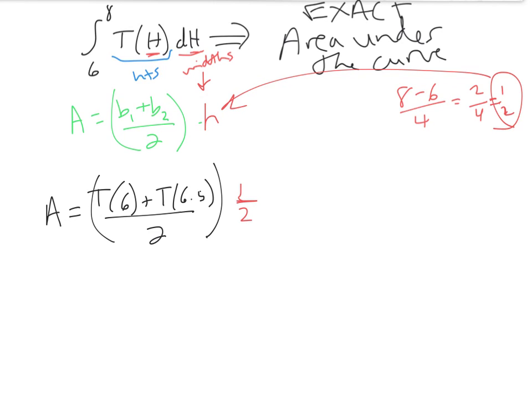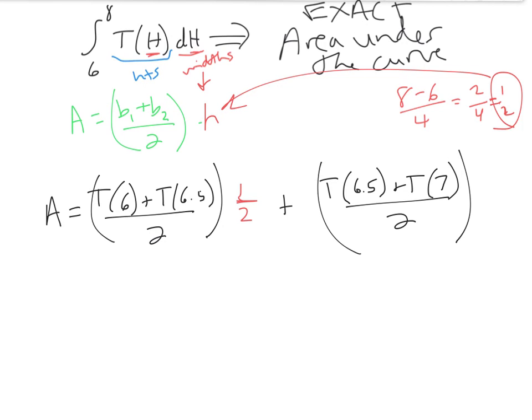And this is a calculator question. Number 2 would be a calculator question, so I would totally just type this in the calculator. Plus my second trapezoid is going to be my temperature value at 6.5, averaged with my temperature value at 7. So add them up, divide by 2, times my height of my trapezoid, which is the width, 1/2. And I've only got 4 of them to do, so let's keep going.